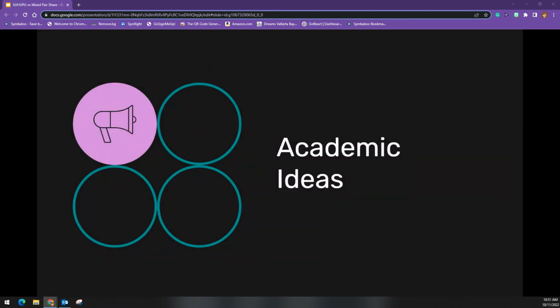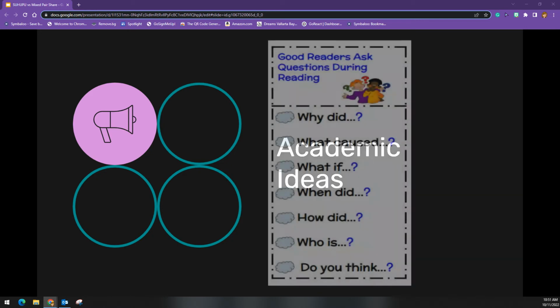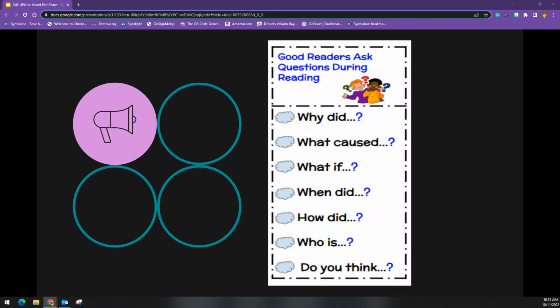For academic ideas, mixed pair share can be used whenever you want your students to have lengthy conversations surrounding an academic content area. One way I always use mixed pair share was for students to read their writing compositions and get feedback from their peers. Another idea is to use mixed pair share in combination with metacognitive bookmarks to have students engage actively in their reading.